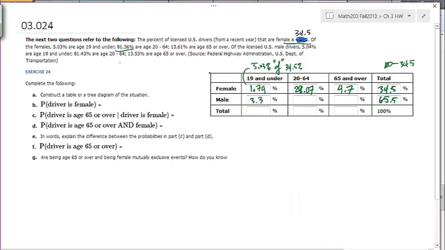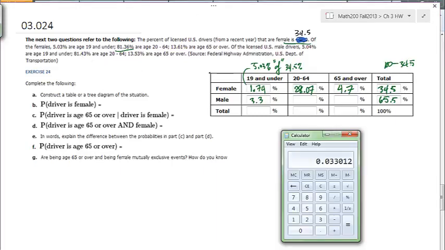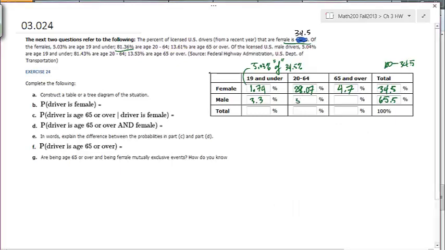And the next one is 81.43. 81.43 times 0.655. You get 53.33, 53.34.